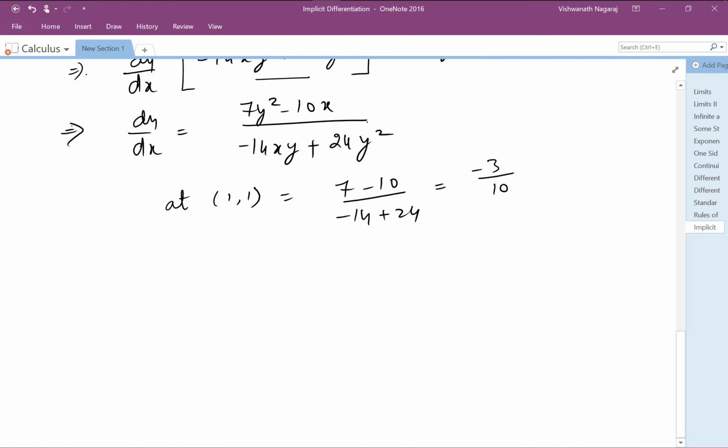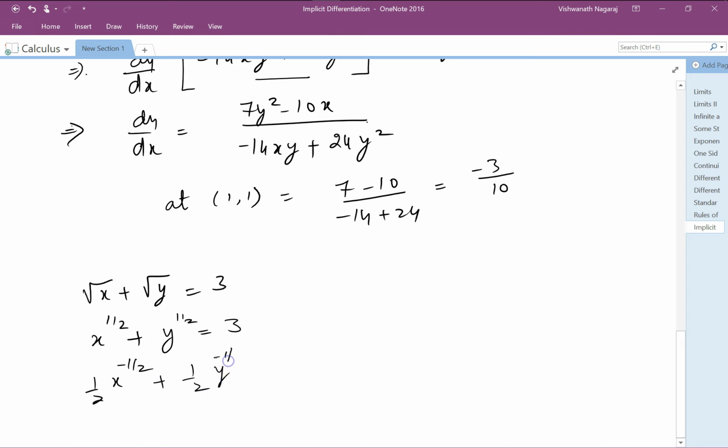Let's look at another example. Square root of x plus square root of y equal to 3. Just start off, you know the rules. So x to the power of 1 by 2, y to the power of 1 by 2 equal to 3. So 1 by 2 x to the power of minus half plus half y to the power of minus half dy by dx equal to 0.